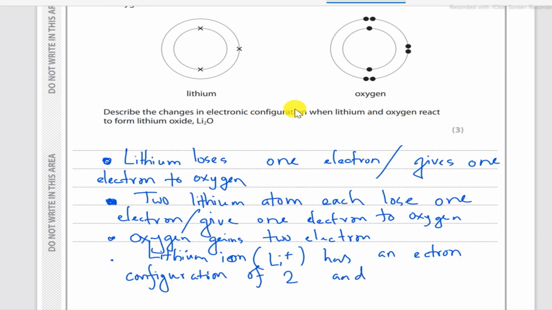An oxide ion, meaning oxygen 2 minus, is 2,8.